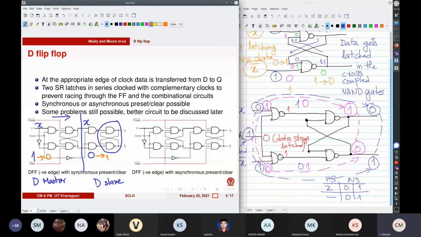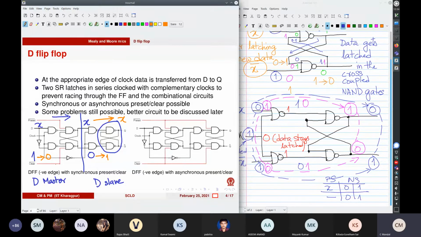All right. So the data doesn't go straight from the input to the output. It stays blocked over here until there is a transition of the clock from 1 to 0.